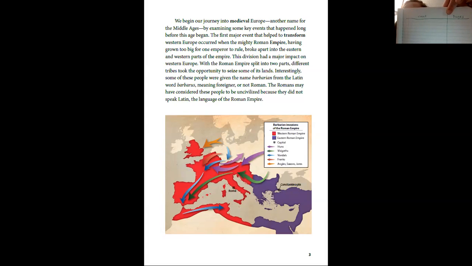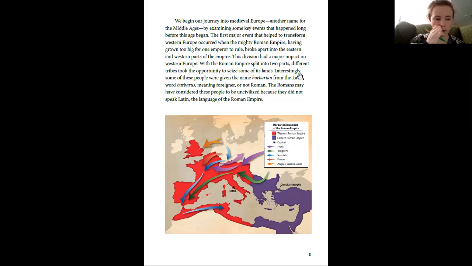We've got our events that were important during this time, and it says the first major event that helped transform Western Europe occurred when the mighty Roman Empire, having grown too big for one emperor to rule, broke apart into the eastern and western parts of the empire.